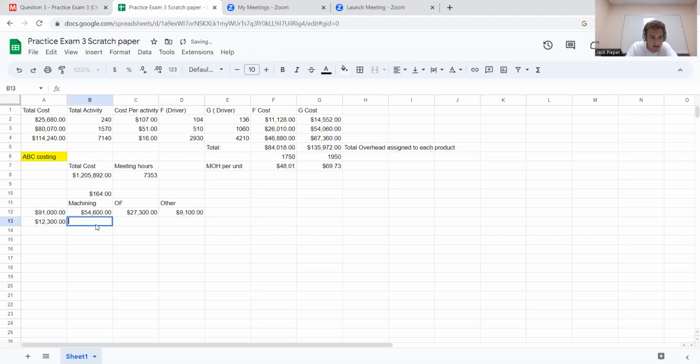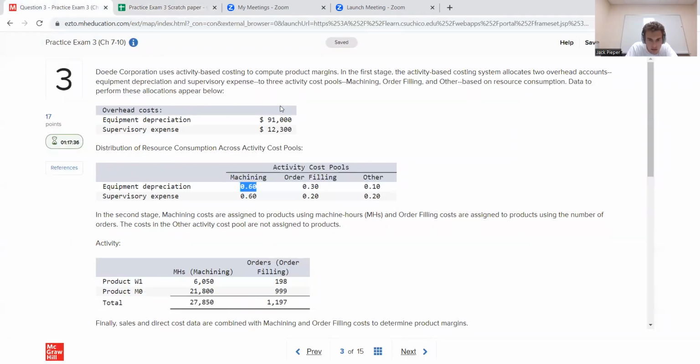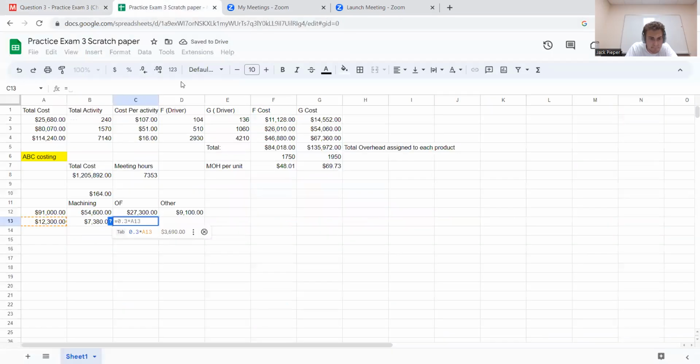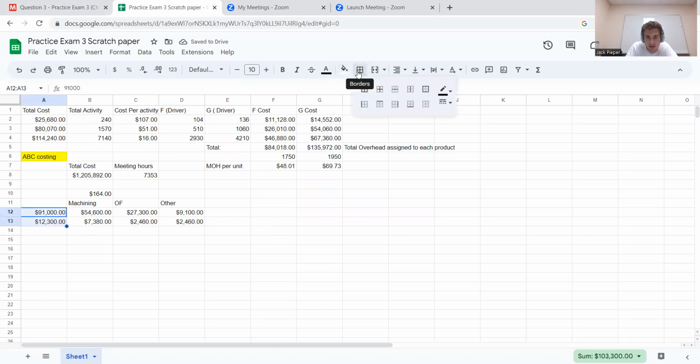Then we'll do the same for the other column: 0.6 times that, 0.2 times that, and other is also 0.2 times that. I'm going to put a box here just to make sure we're still golden.